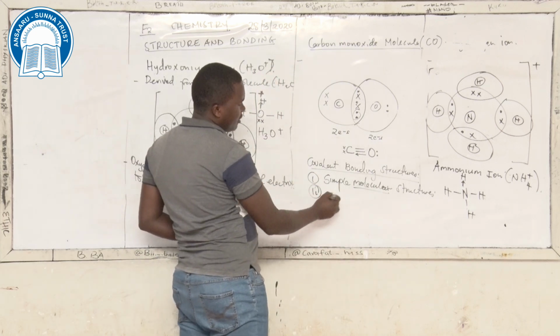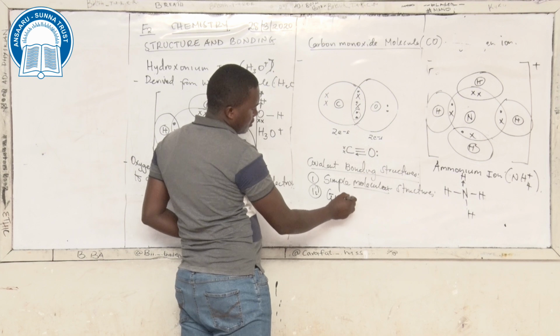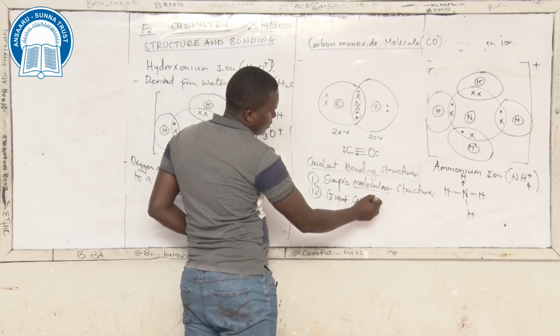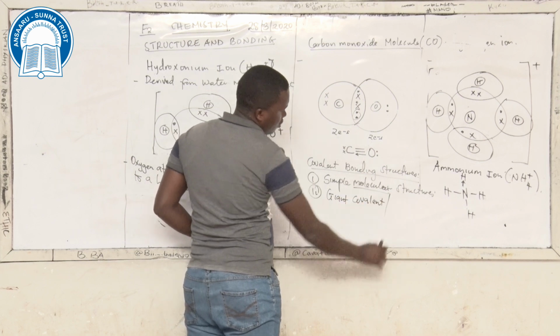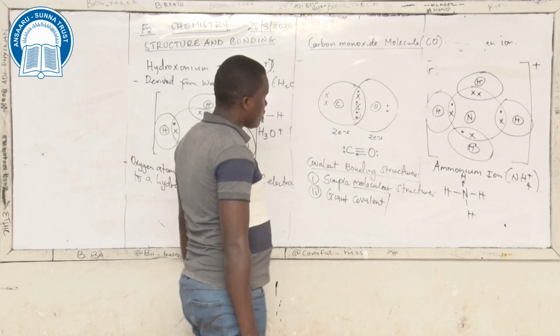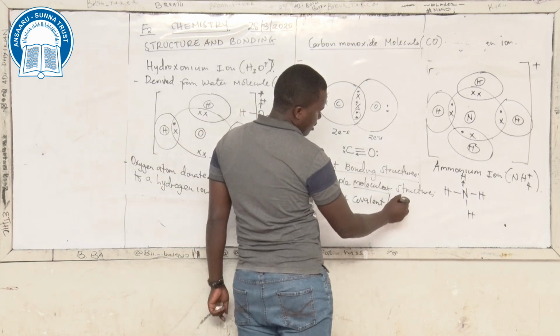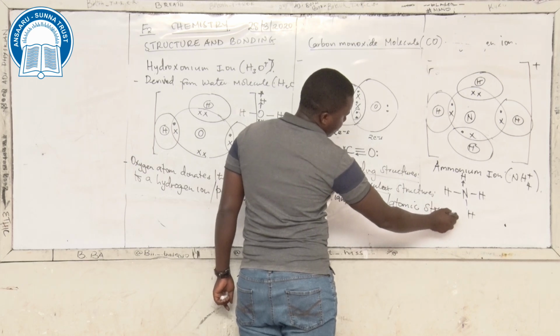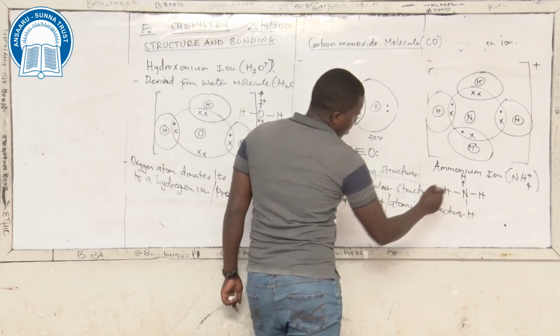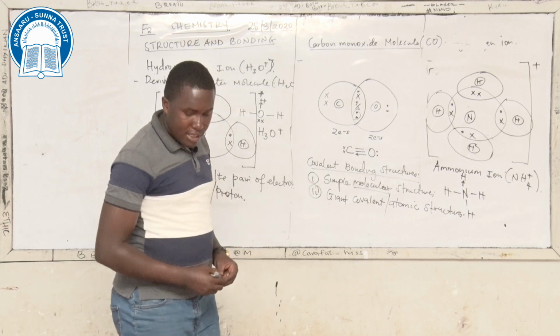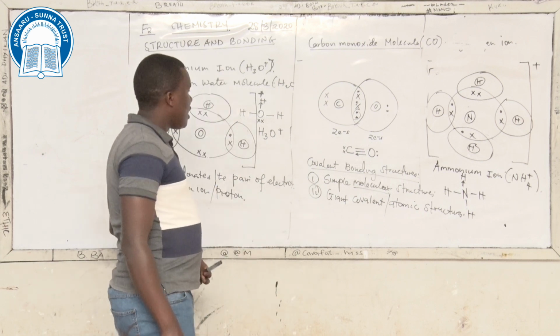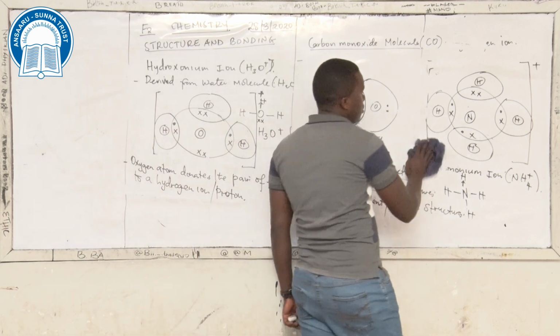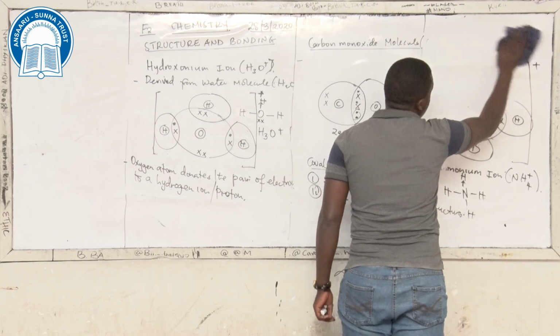Then two, we have giant covalent, stroke atomic. Some books will talk of giant atomic structures. These are the two possible structures that you can derive from covalent bonding.